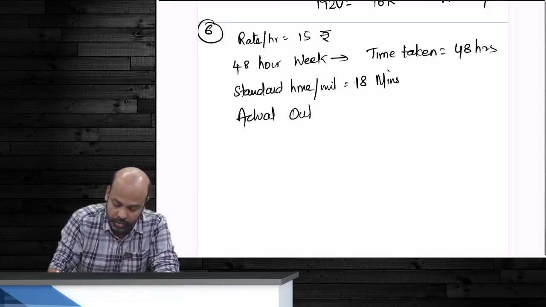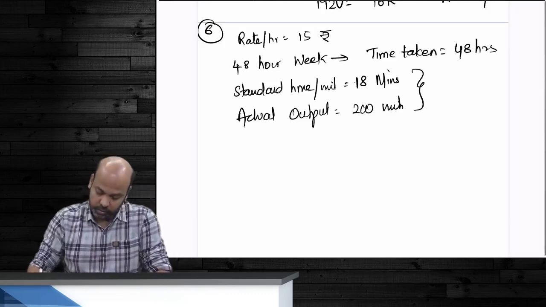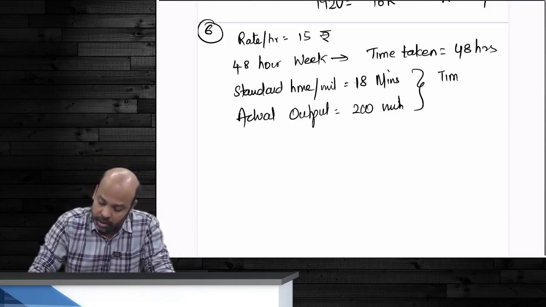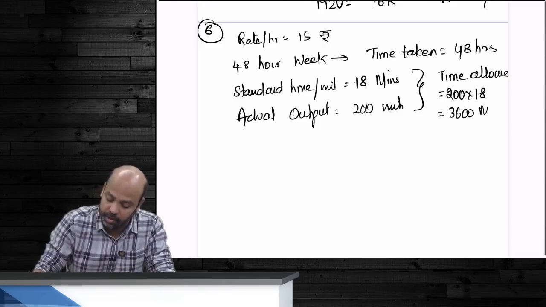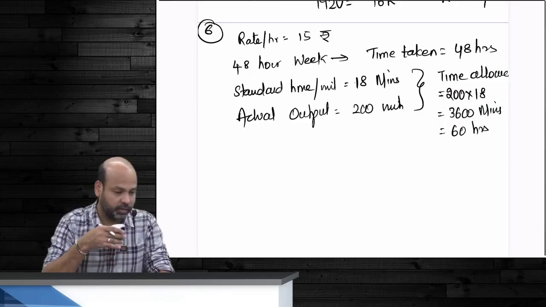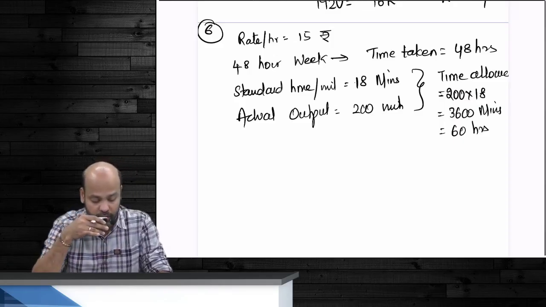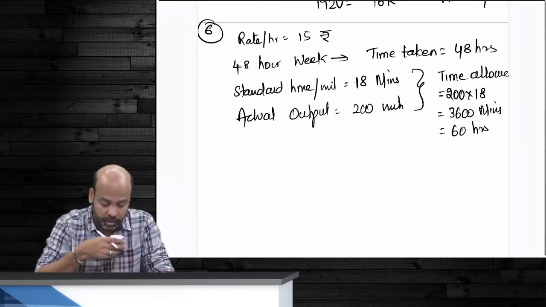Actual output is 200 units. So time allowed will become 200 multiplied by 18, 3600 minutes, which will be 60 hours. For each unit you should have taken 18 minutes. You have manufactured 200 units, so the total time allowed, beta, would be 60 hours.